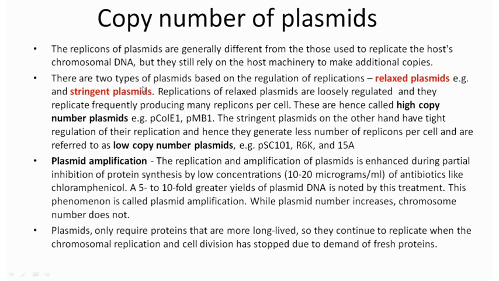Why is this being said? Because the replicons use an origin of replication which is under the control of certain proteins. Whether this replicon will re-replicate or remain silent depends on the type of replicon. So there are 2 types of plasmids based on the regulation of this replication: relaxed plasmids and stringent plasmids.